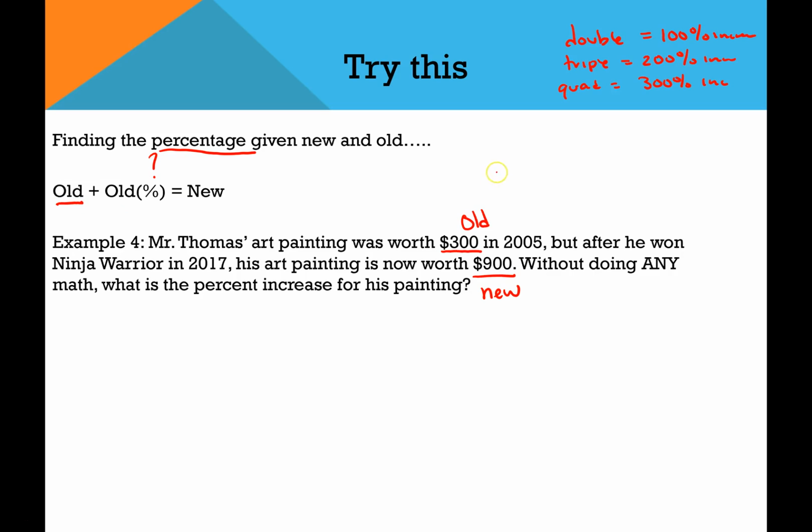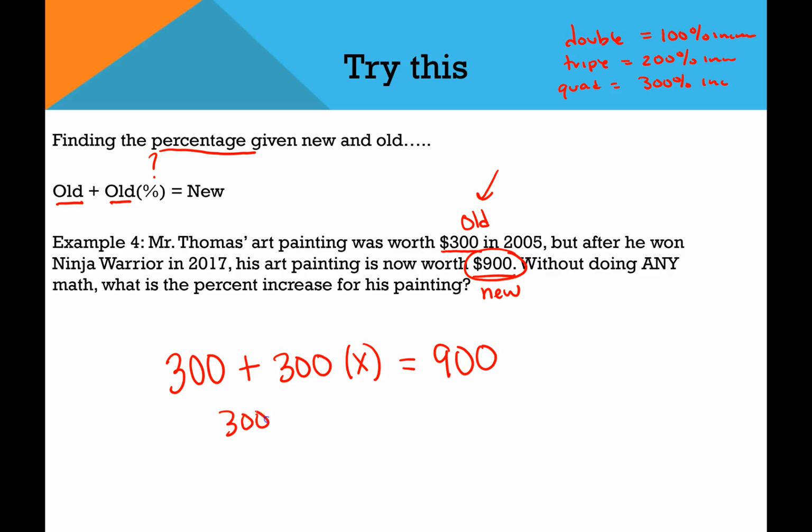Okay, so let's go ahead and fill this in. My old value that his painting was worth was 300, plus the old value being 300 times x, right? Because I'm putting a question mark next to the percentage, and it's going to be equal to 900, my new. Well, we certainly could solve this equation.